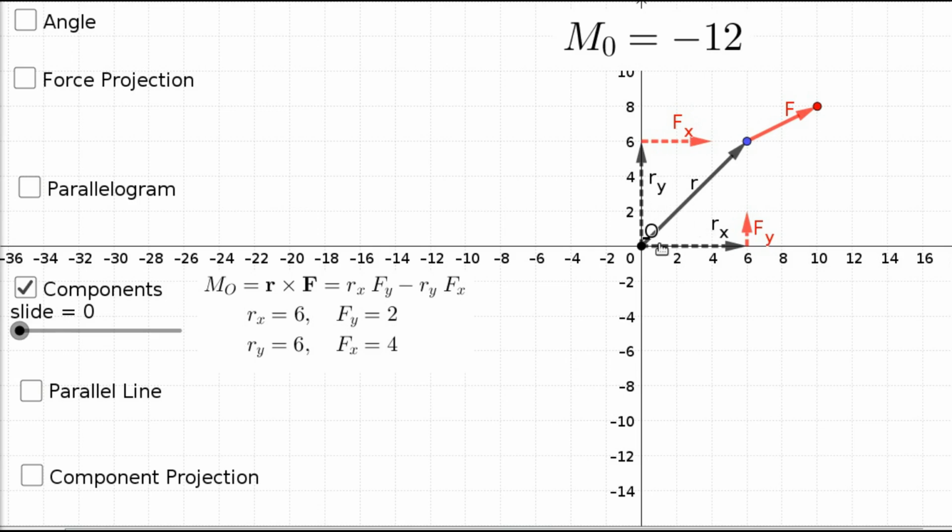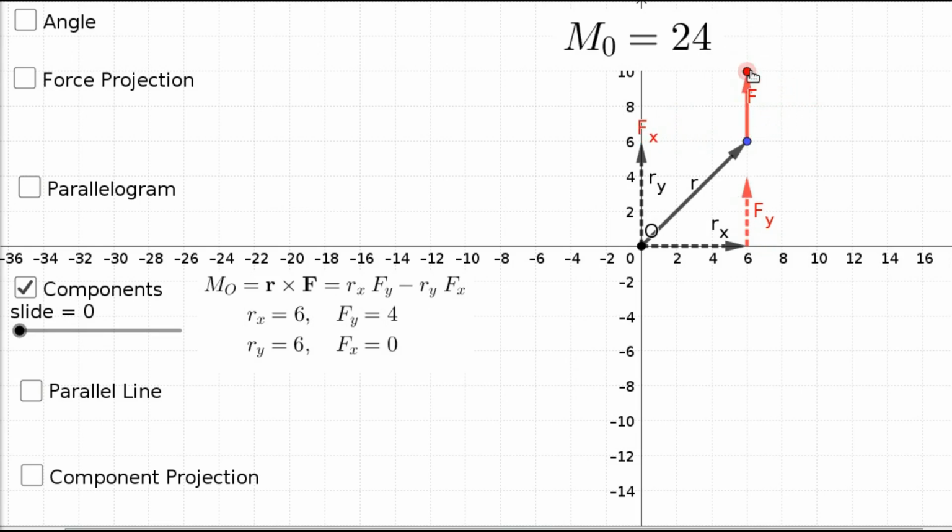Now when you do this, you'll notice in this case both vectors are in the positive direction, so they have positive components. But we'll notice that Rx times Fy gives us a positive moment, while Ry times Fx gives us a negative moment. And that's how we get this formula Rx times Fy minus Ry Fx. So it's the sum of these two moments that gives us our total moment.